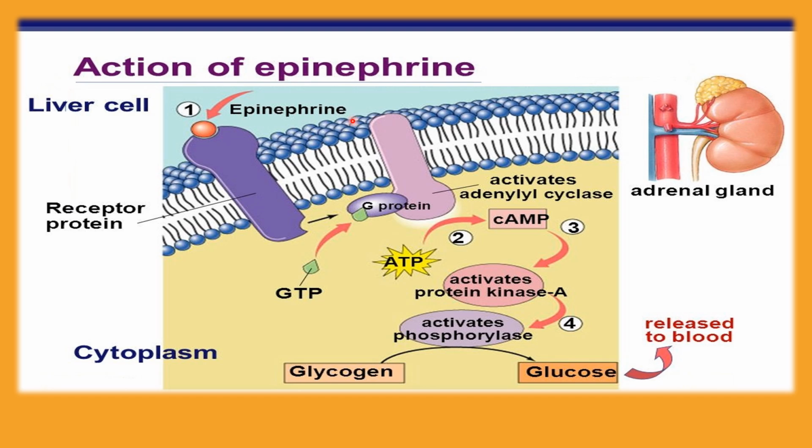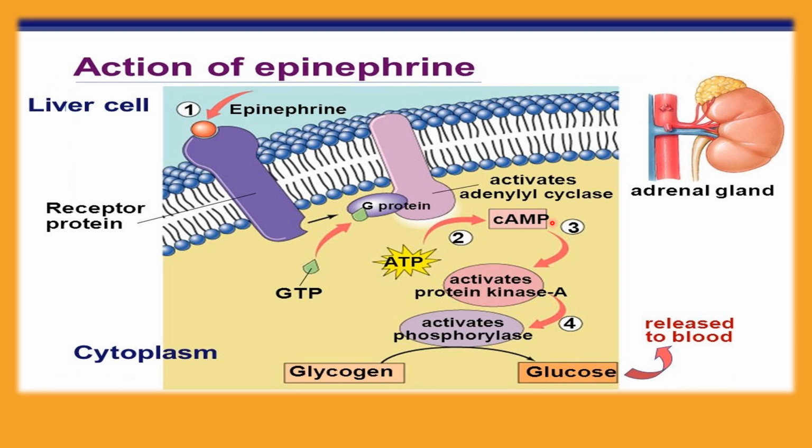This hormone epinephrine binds to this receptor, which is a cell surface receptor. On binding the receptor, it activates the G protein, which leads to the activation of the enzyme adenylyl cyclase, and this enzyme is responsible for conversion of ATP into cyclic AMP, which is the second messenger in this case.